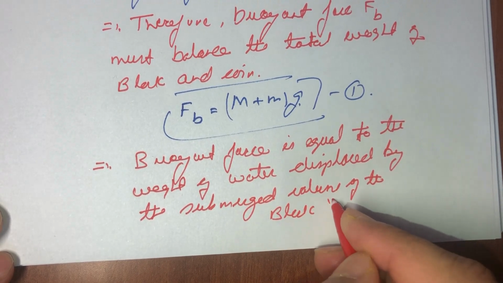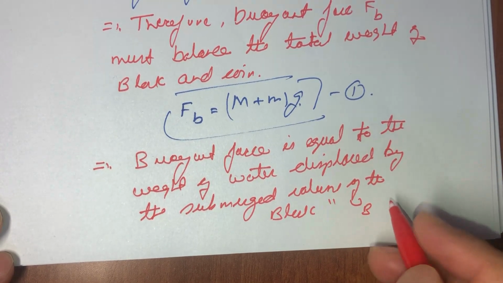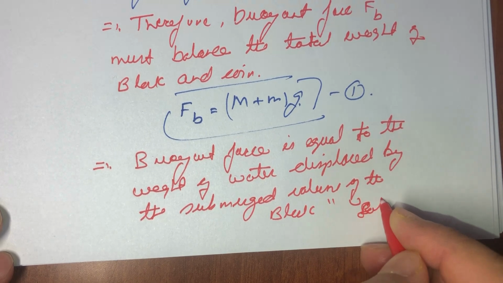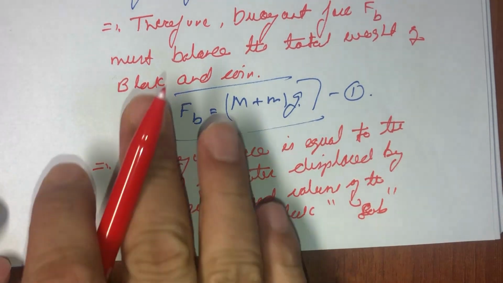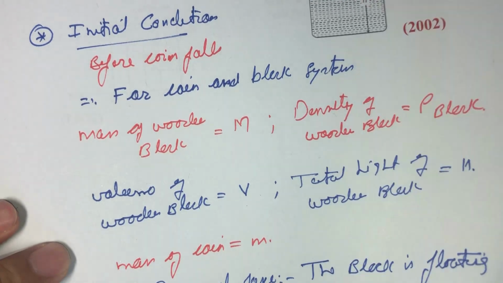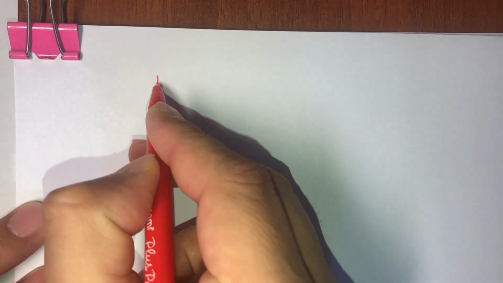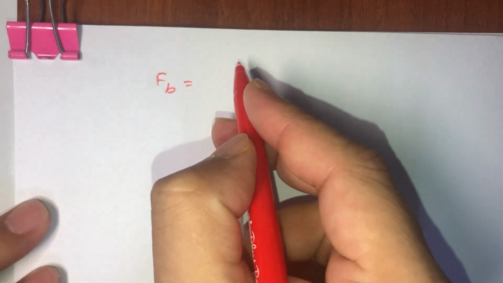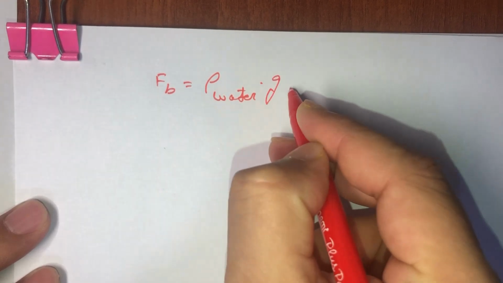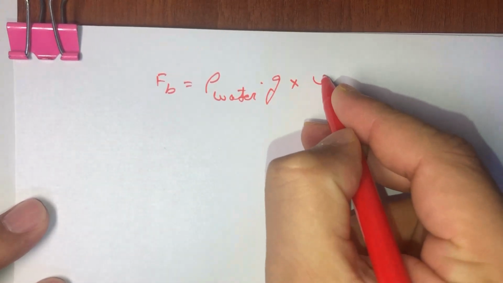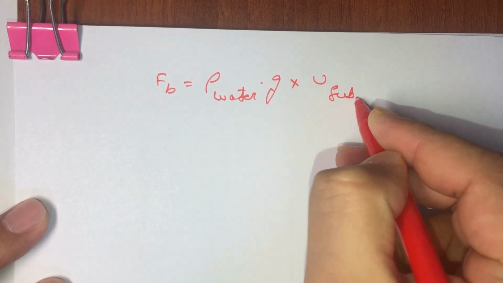Let that volume be V submerged, the volume of the block submerged in the liquid. Therefore the buoyant force FB will be equal to density of water multiplied by g and multiplied by the volume submerged of the block.